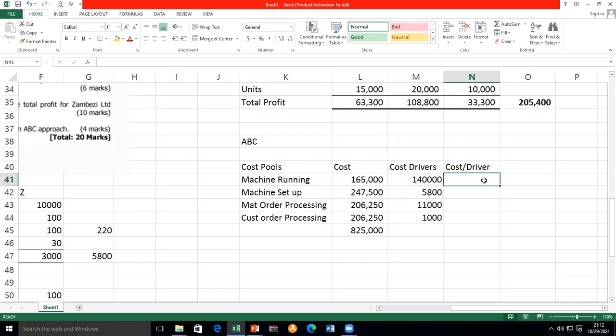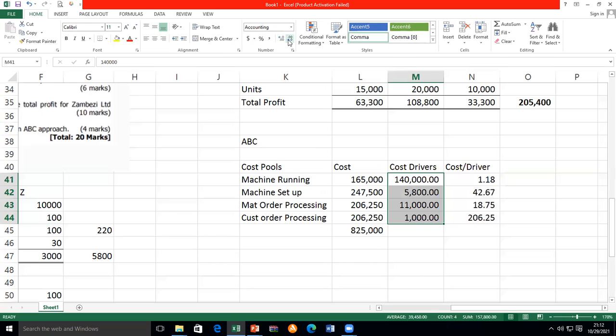So you divide: the cost divided by the number of drivers. That's the cost per driver.